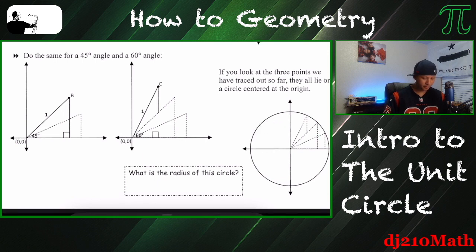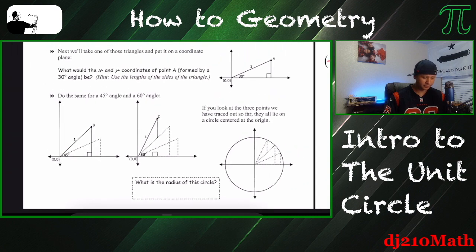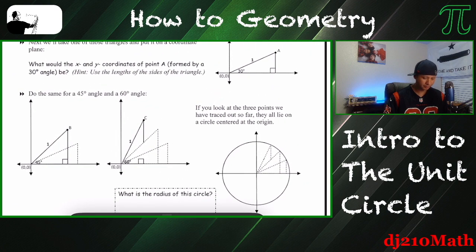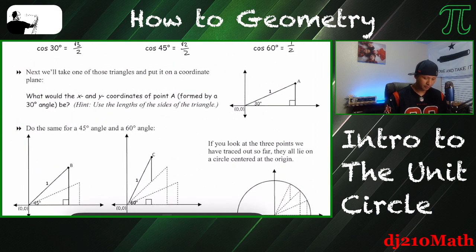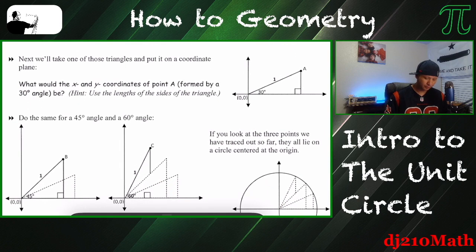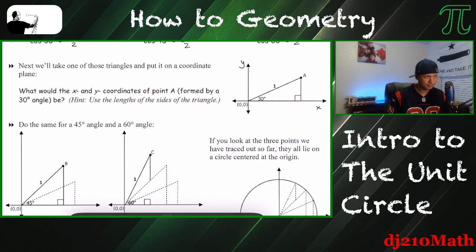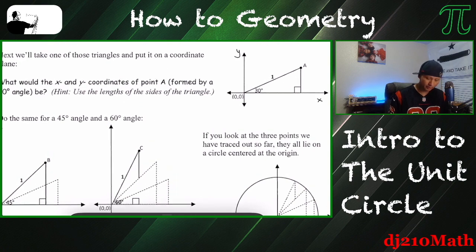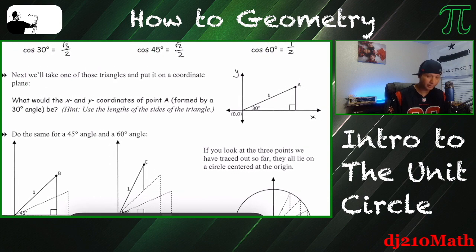So if we look at the coordinate plane, right? If this is the x-axis and this is the y-axis, and we take the 30, 60, 90 triangle and set it at the origin, 0, 0, with the 30-degree angle at the vertex.